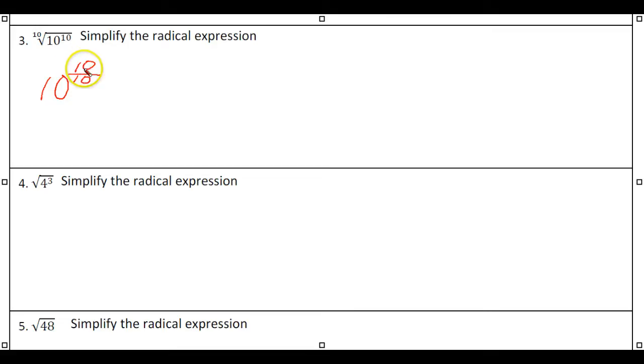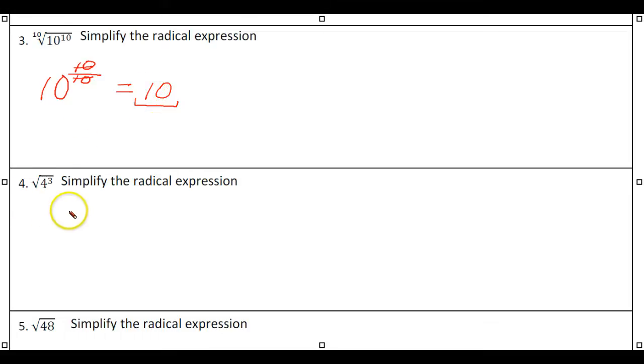And what is 10 divided by 10? It is 1. So this equals 10 to the first that we don't write. So a general pattern is anytime a radicand is raised to a power that is the same as the index number, then it just becomes the radicand, which is now our base.